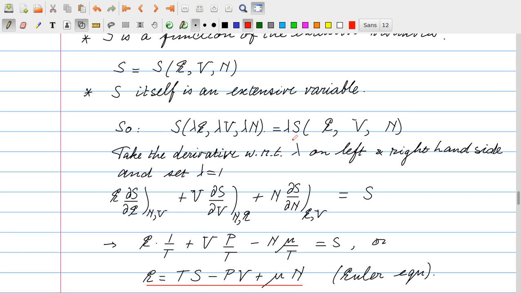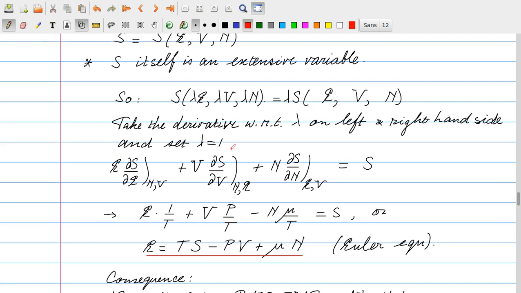That's quite an obvious result, but it leads to a very interesting conclusion, because we can now take the derivative of this equality with respect to lambda on both the left and the right hand side, and then we can put lambda equal to 1. Taking the derivative with respect to lambda means that we take the derivative of S with respect to its first argument, which is the energy argument, and then we take the derivative of this argument with respect to lambda, which gives me an E. So I get E times dS/dE.